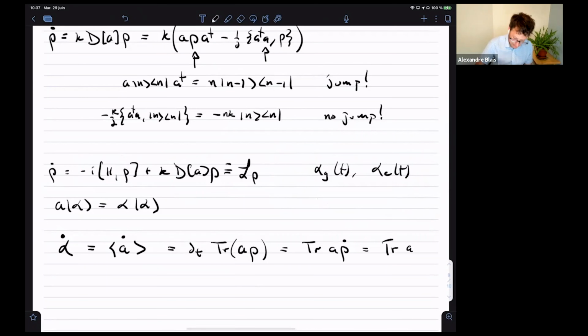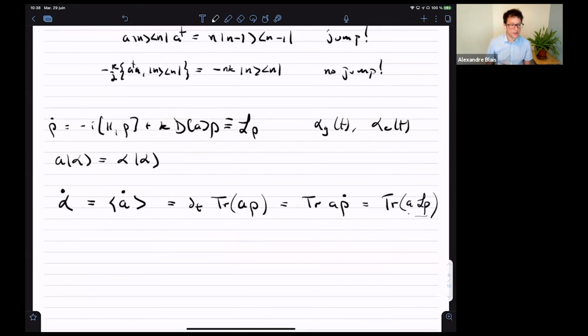I will write this as some object, which we call L, the Lindbladian, times rho. There you go. So I only need now to compute the trace of A times L rho, where L rho is this object. And that's a simple calculation to do.